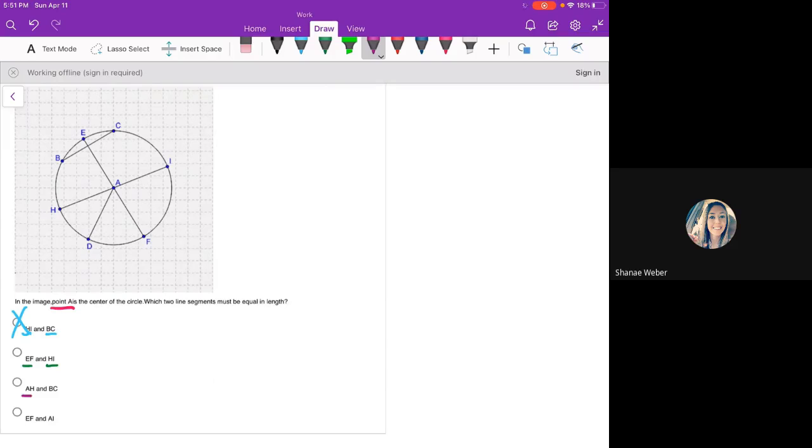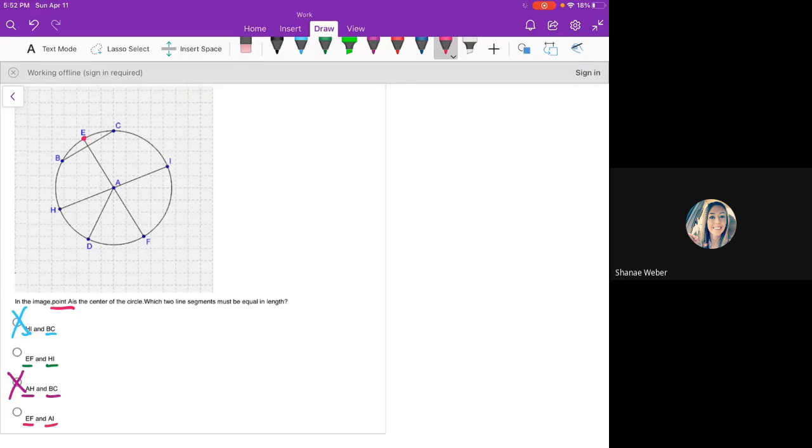Okay, let's do AH and BC. Here's A, here's H. So it goes halfway through the circle. BC, though, is close, but it really doesn't go through half of the circle. They look close, but we can't tell for sure. So that's going to be an X. And then we can try EF and AI.